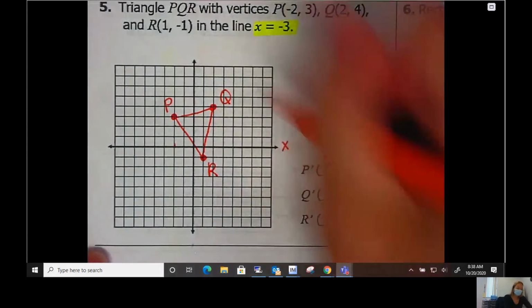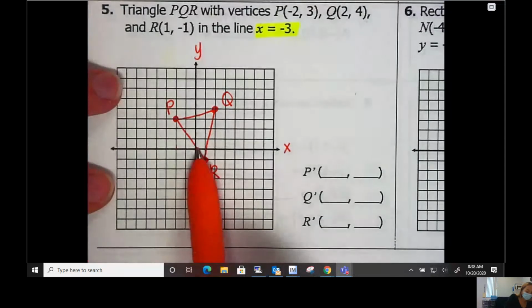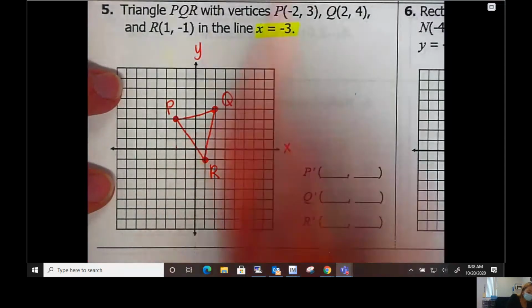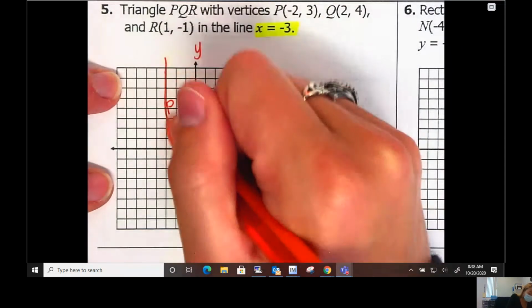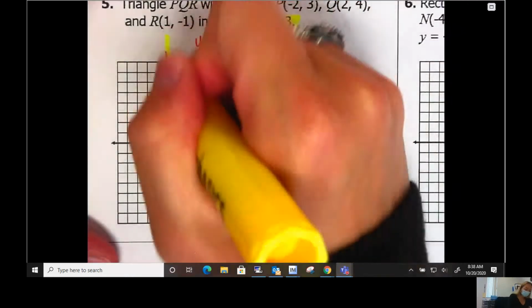So here's x, here's y. If I go over to -3, 1, 2, 3, this is my line of reflection. Straight up and down at -3.